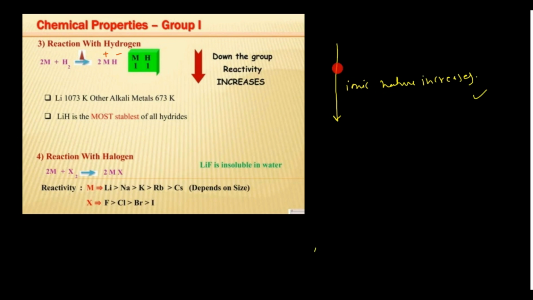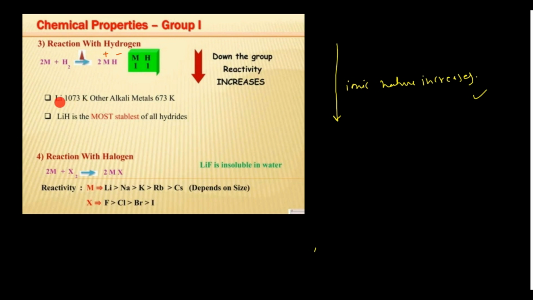So down the group reactivity increases as I already explained, and stability also increases in the same manner, and ionic character also increases in the same manner for the alkali metals. Please remember this thing.